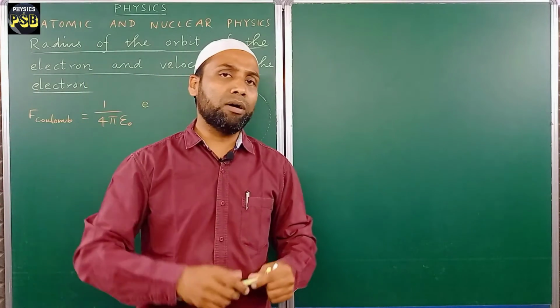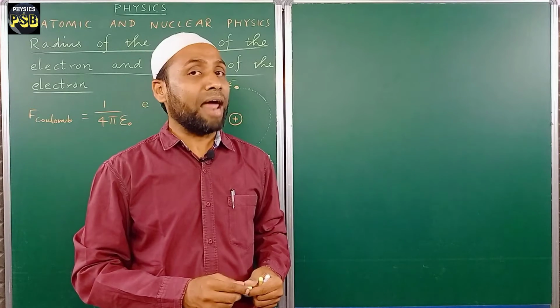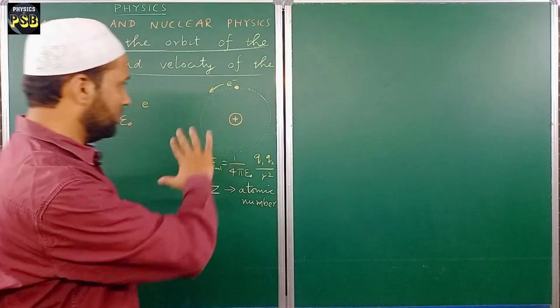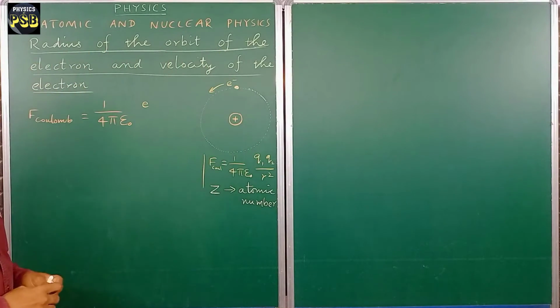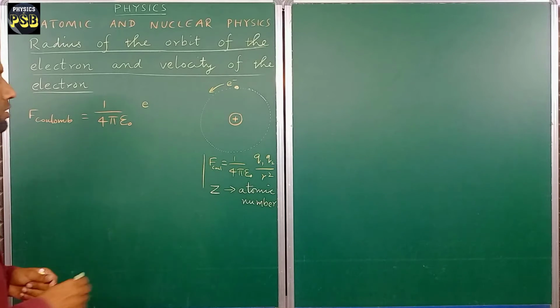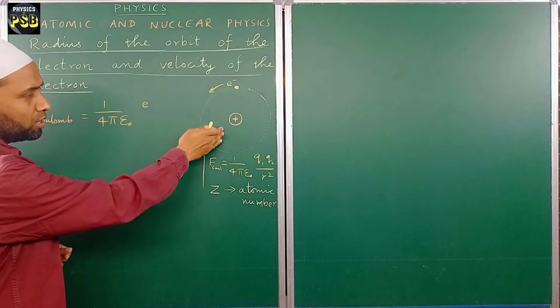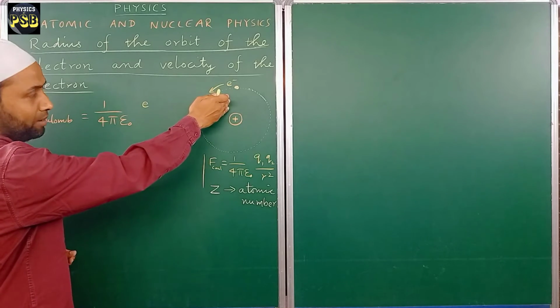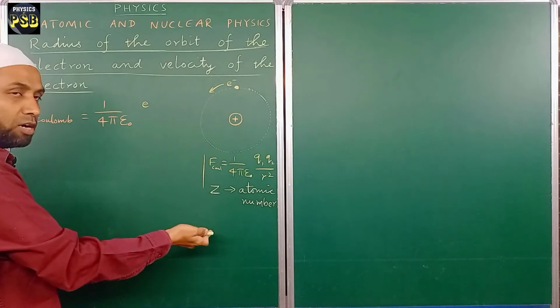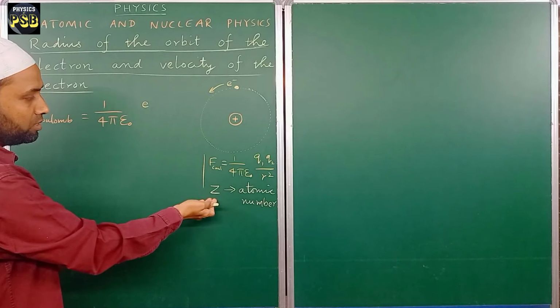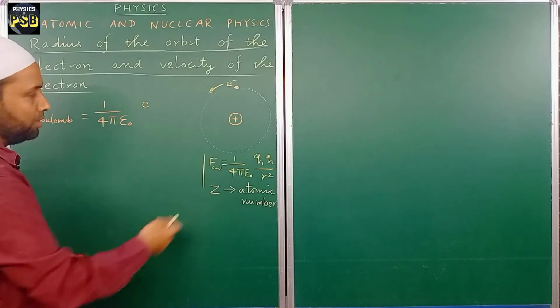Now this equality is to keep the given atom neutral. Because of this, the atom is always neutral. So the number of protons is equal to the number of electrons in that atom, which is equal to the atomic number.